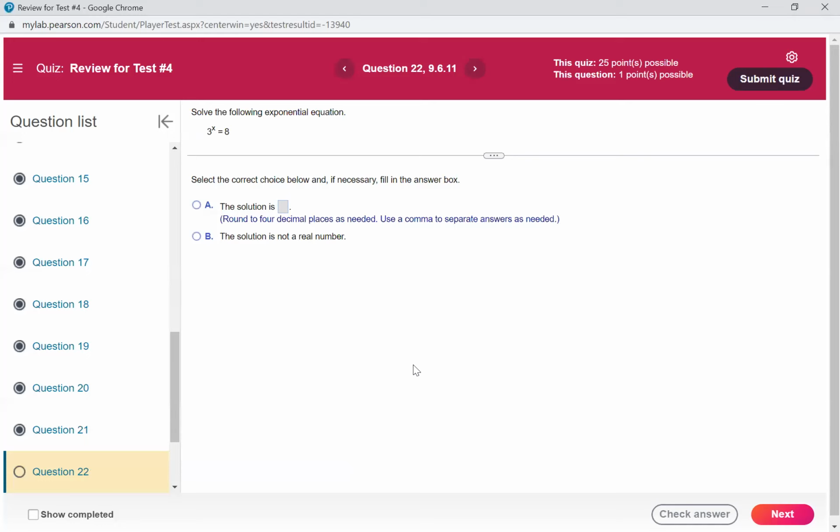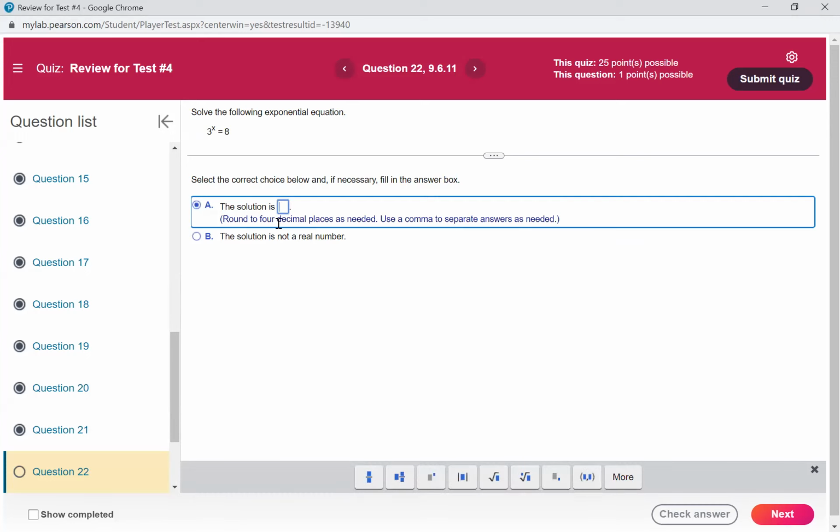Now, 22, unfortunately, we can't rewrite with the same base. I have 3 to the x equals 8. Look at this answer blank: it says round to 4 decimal places as needed. That's pretty much telling me I'm probably going to get decimals.